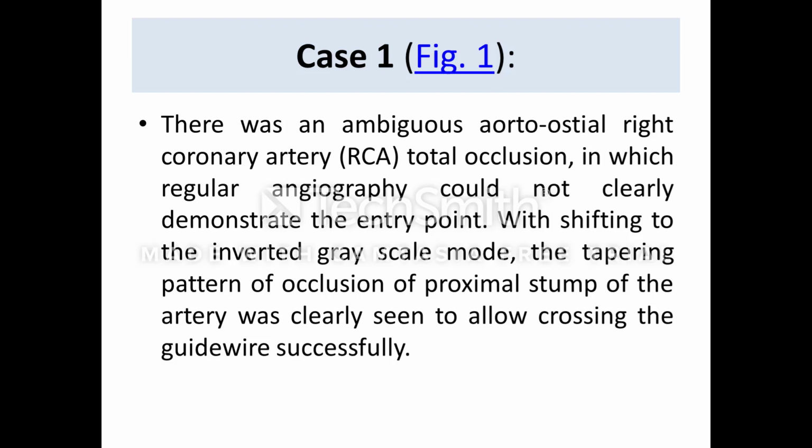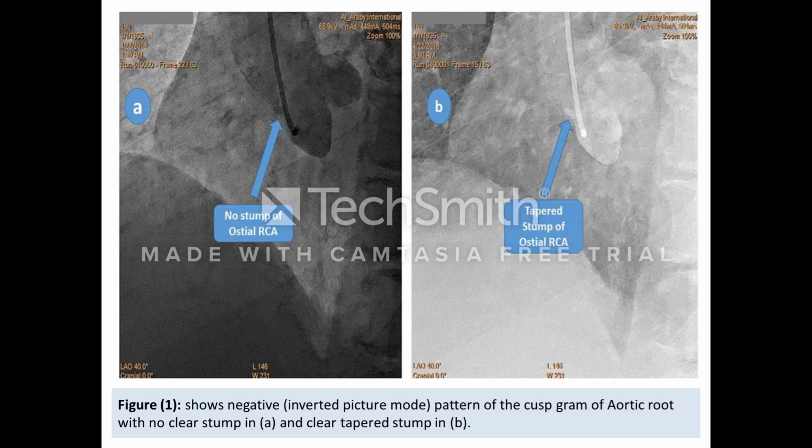Case 1, as we know, we will revise it fast. This was the previous case. There was an ambiguous aorto-ostial right coronary artery total occlusion in which regular angiography couldn't clearly demonstrate the entry point. With shifting to the inverted grayscale mode, the tapering pattern of occlusion, the proximal stump of the artery, was clearly seen, allowing the guide wire to cross successfully.